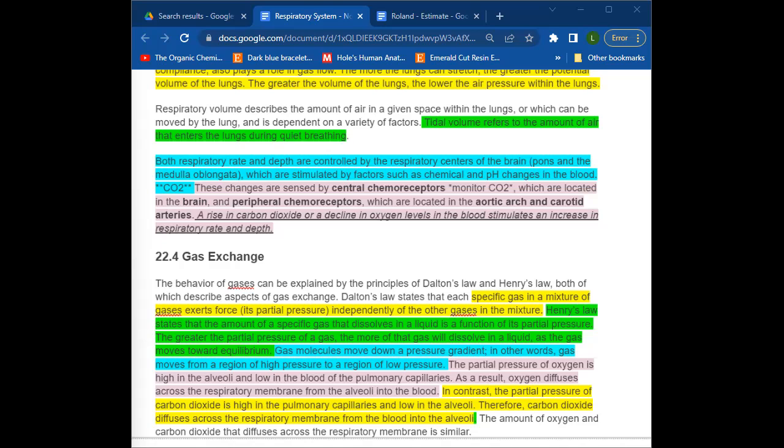And then the central chemoreceptors, we need to know that those are located in the brain. And both of them will actually monitor the levels of carbon dioxide.